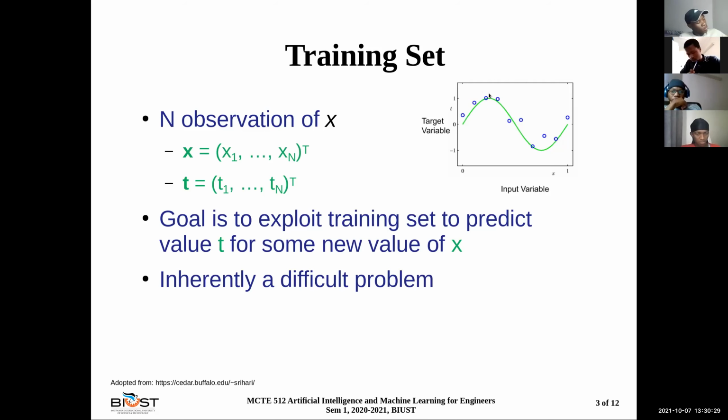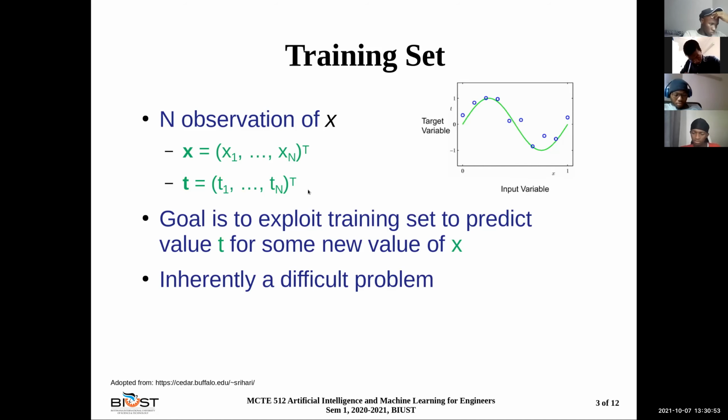That's why some data points are on the sinusoidal function and some are outside of it. The point is, we want to use a polynomial function that will give a good estimate of these data points.